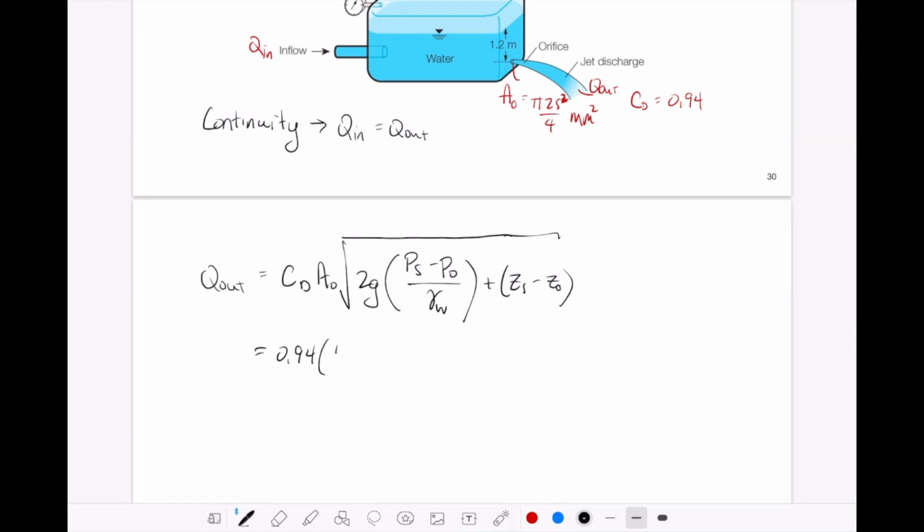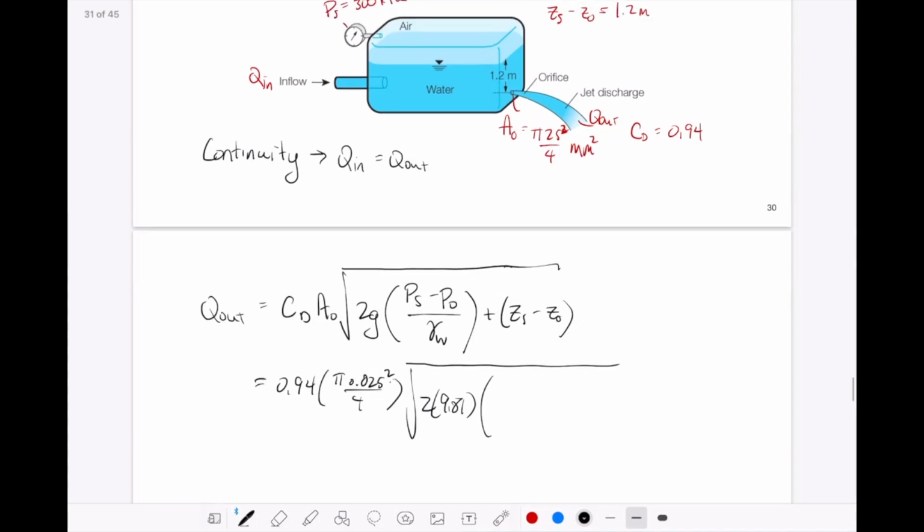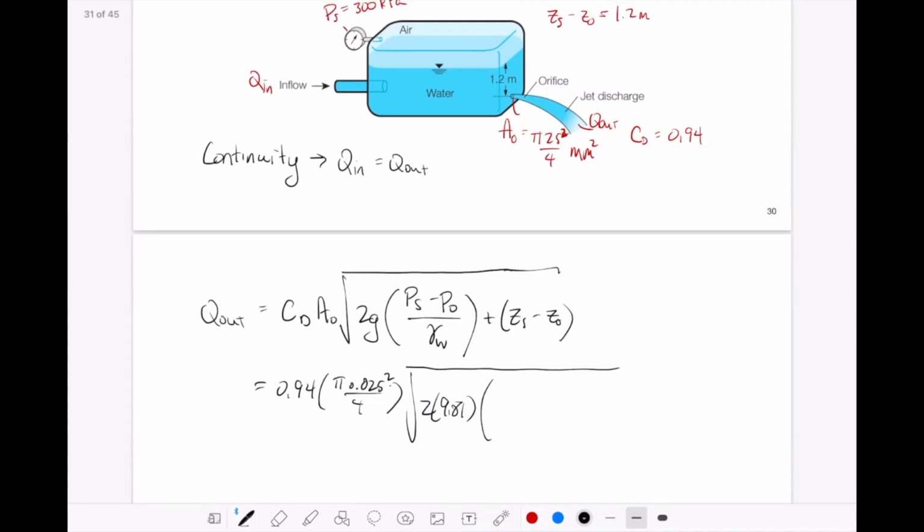Our area is pi times, if we do meters, what is our area? 0.025 squared over 4, times the square root of 2 times 9.81, times the pressure at the surface, which is 300 kPa.